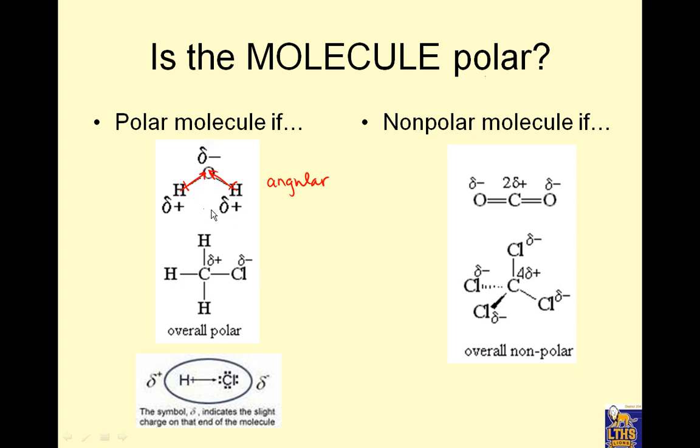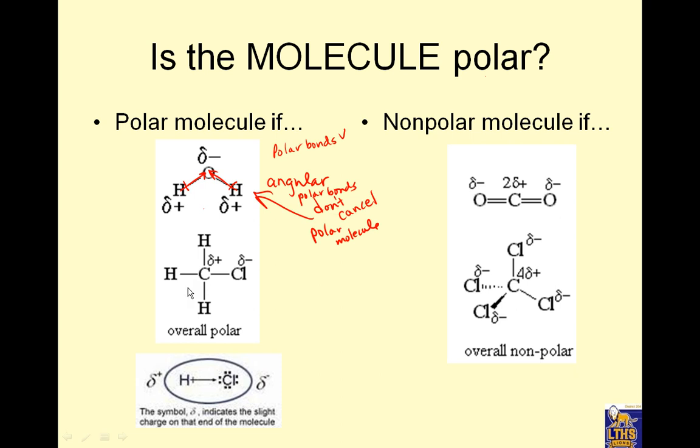The top of the hill is going to have a different charge than the bottom. So one, polar bonds, check. Two, angular shape, polar bonds don't cancel in an angle. So if polar bonds don't cancel, then it's a polar molecule.